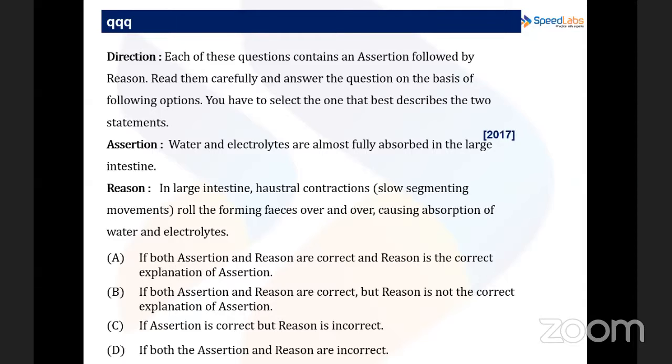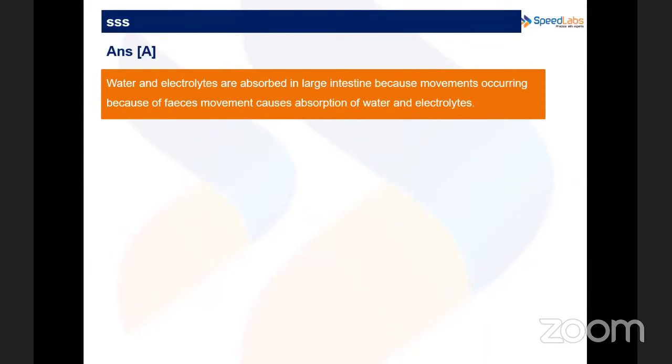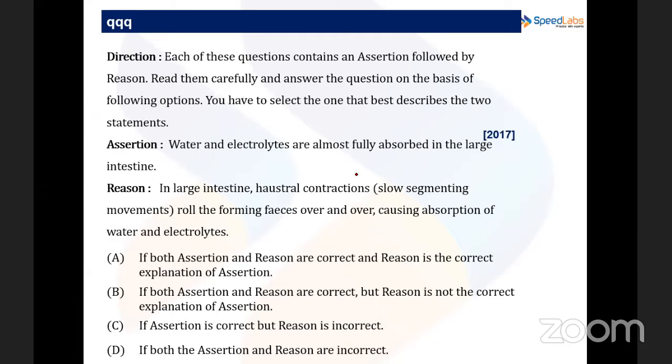So the answer to this question is option A. A and R are correct and R is also the correct explanation of A. So the water and electrolytes are absorbed in the large intestine. Why? Because of the movements occurring due to the feces movement, the haustral contractions cause absorption of water and electrolytes.